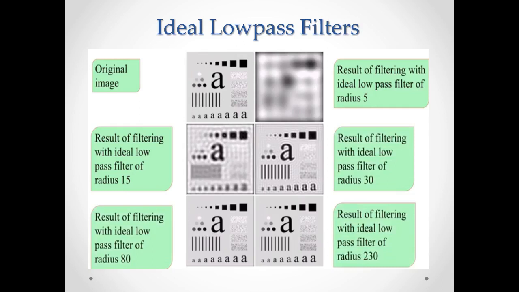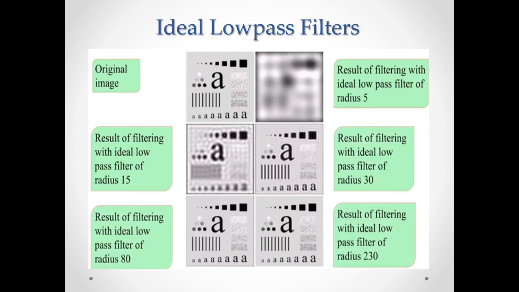The ideal high pass filter transformation function can be written as h of u comma v is equal to 0 for d of u comma v less than or equal to d naught, and it will be equal to 1 for d of u comma v greater than d naught.